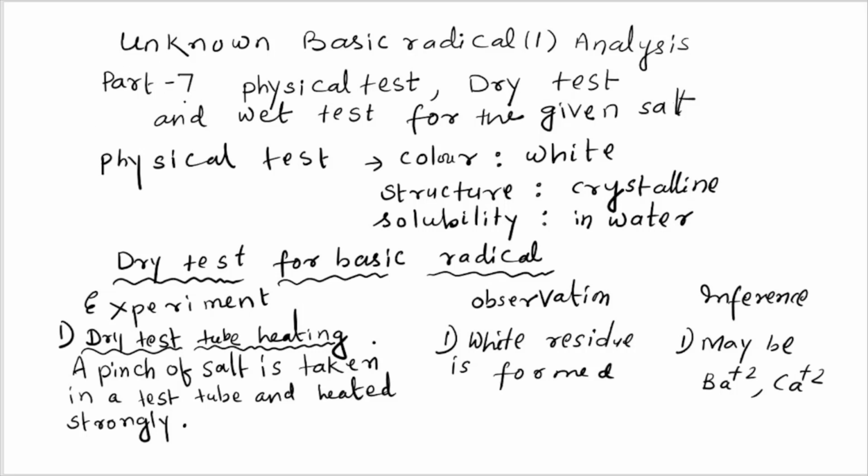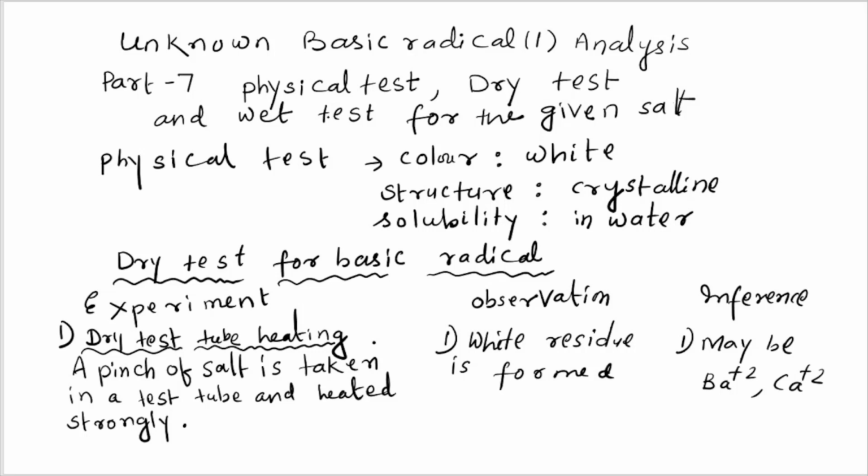Now this is part 7, where the unknown basic radical salt is given, which contains one basic radical and one acid radical. You will do the physical test first. What is the physical test? Color: the salt which is given to you is white in color.